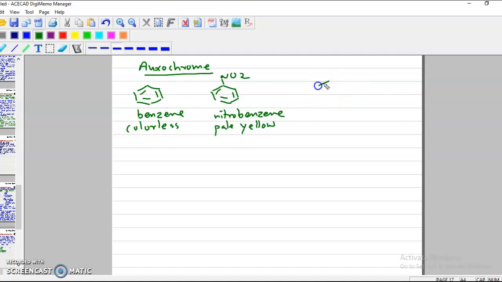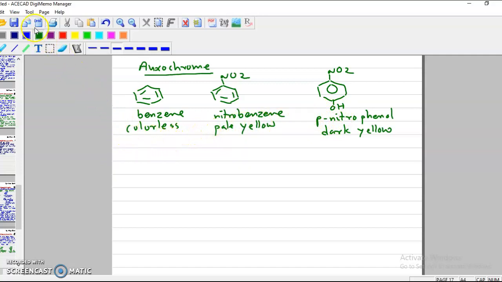But paranitrophenol is dark yellow. Why? Because of the presence of the OH group.